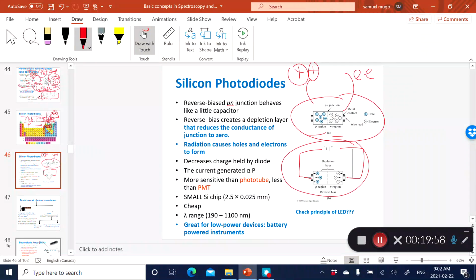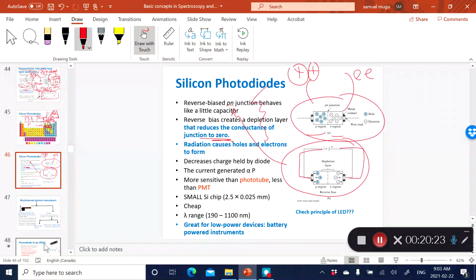What I have now is what you refer to as a reverse-biased PN diode, and it actually behaves as a capacitor, because it is holding charge inside that material, and there will be no current flowing.